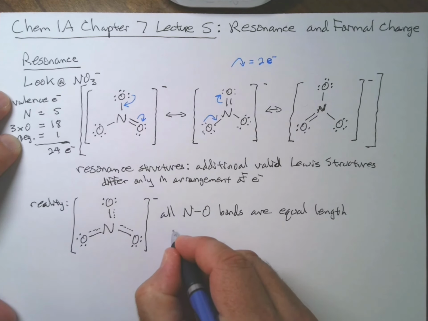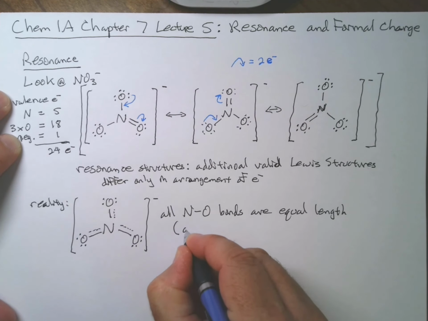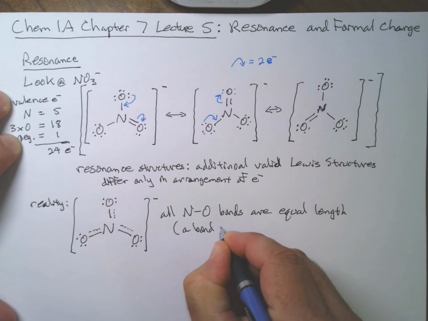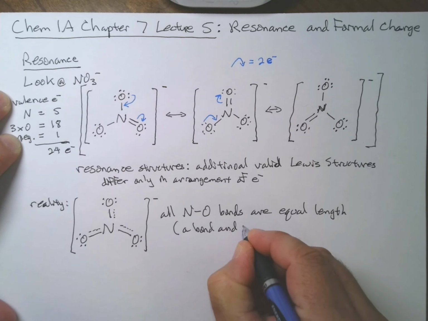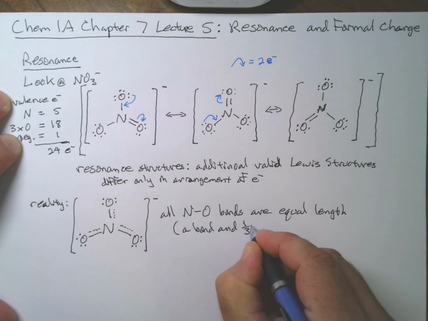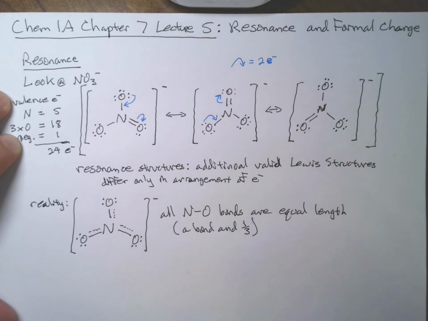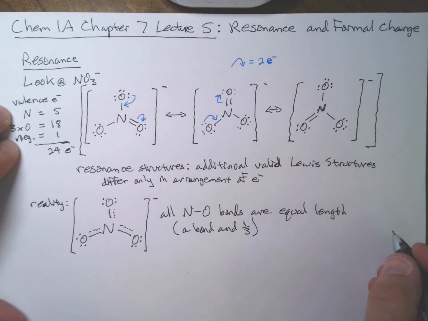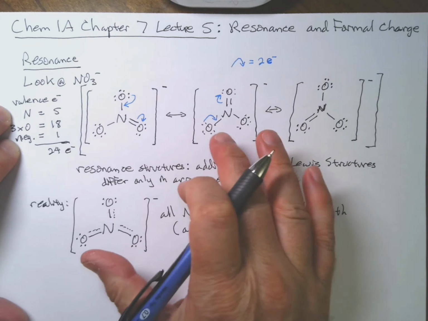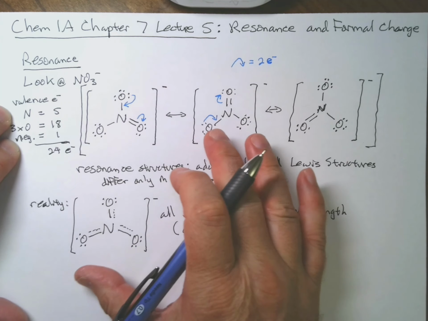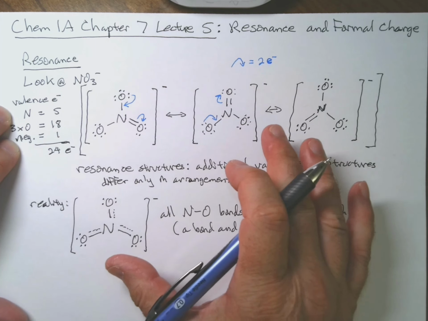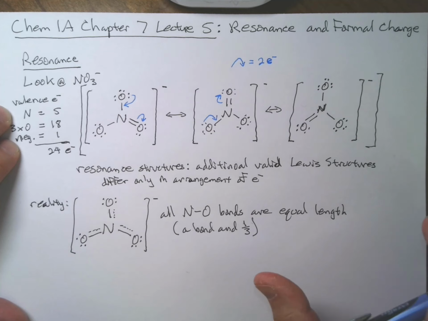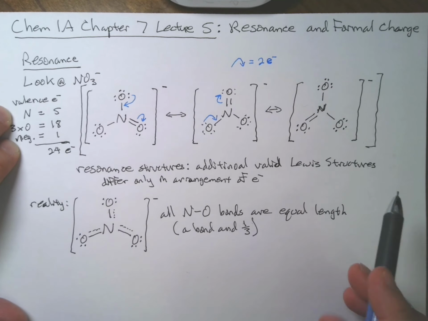So they're all like a bond and a third instead of being a single or a double. They're in between. And so resonance structures are a way of getting around some of the limitations of Lewis structures to depict something that's more accurate.